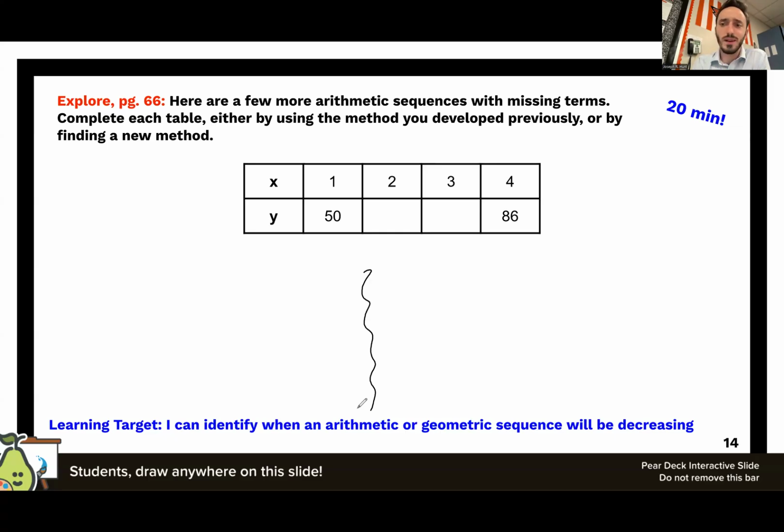So using any of those methods that we developed previously, our goal here is to find the missing terms in the sequence. The first term is 50 and the 4th term is 86. Thinking in terms of the number of jumps, I make 3 jumps, but I have 2 spaces in the box.